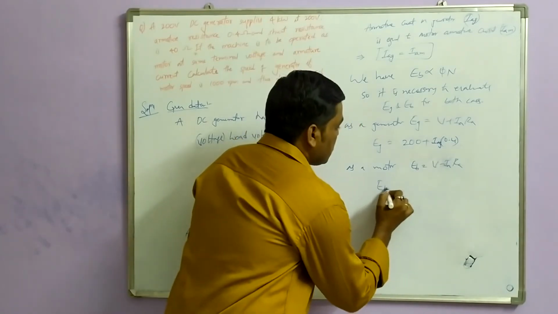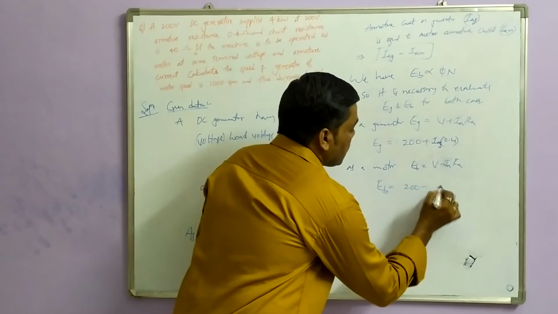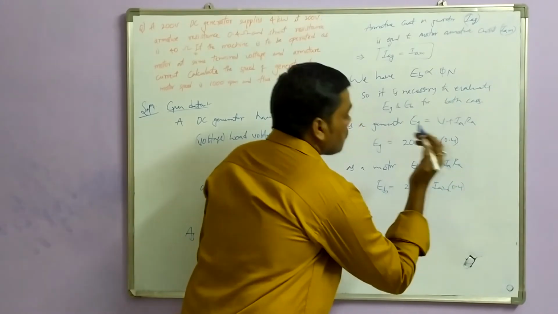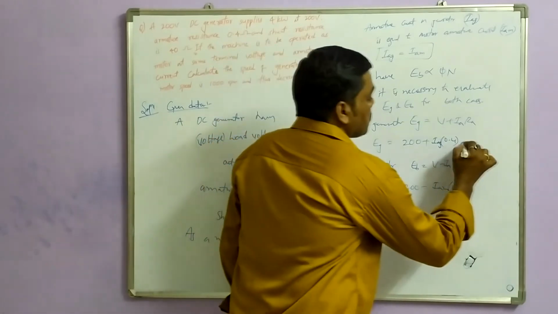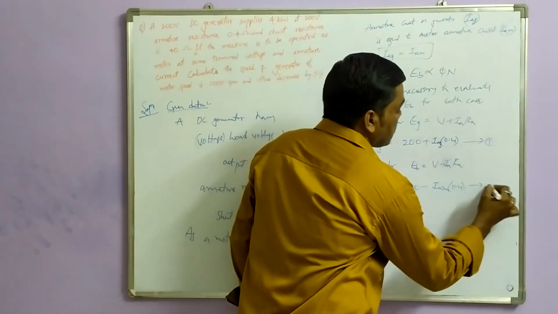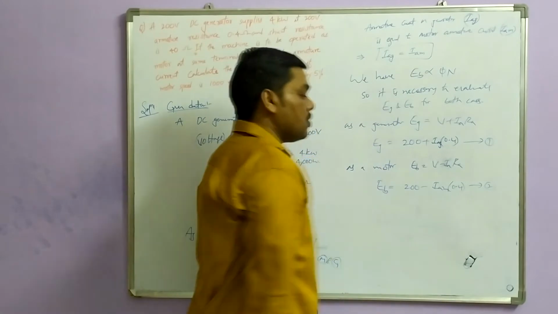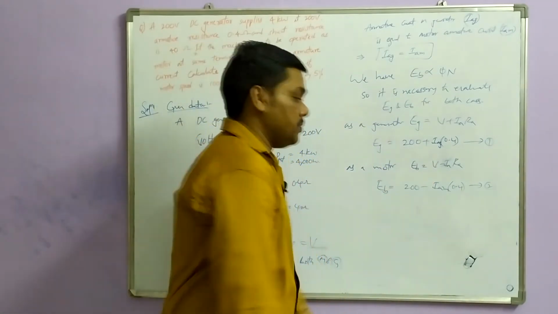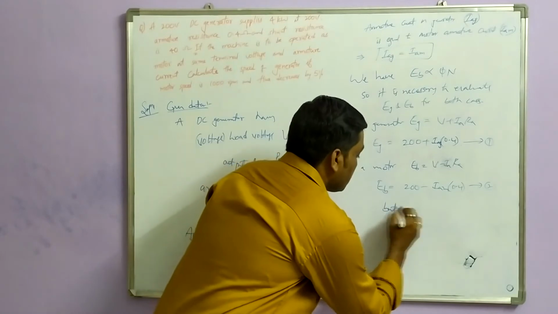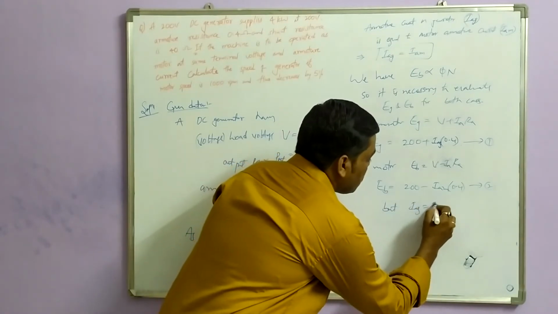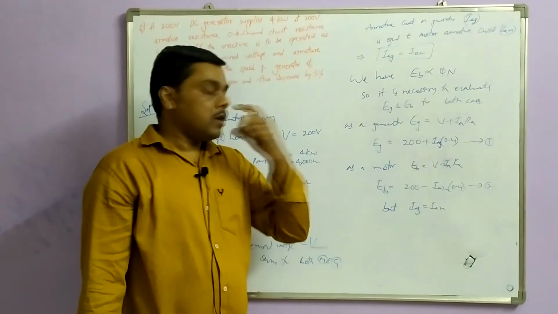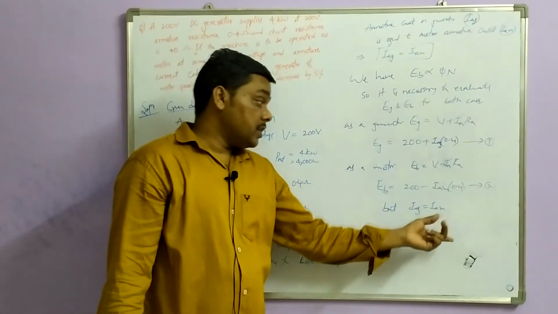Now EB is equal to 200 minus IAM into 0.4. Now this is equation 1 and this is equation number 2. In both cases IA is equal to IAG, but IAG is equal to IAM. So we have the unknown terms EB, EG and IAG.